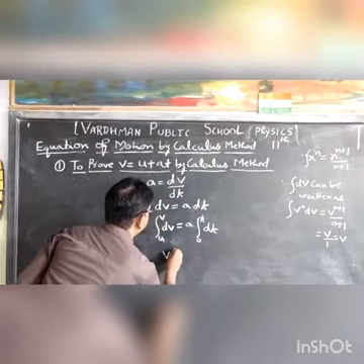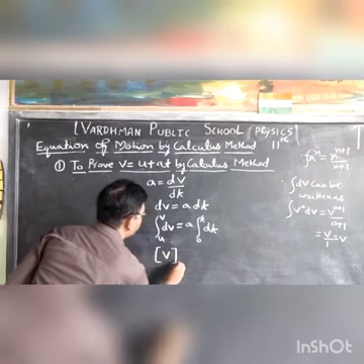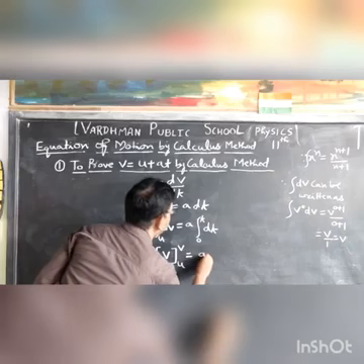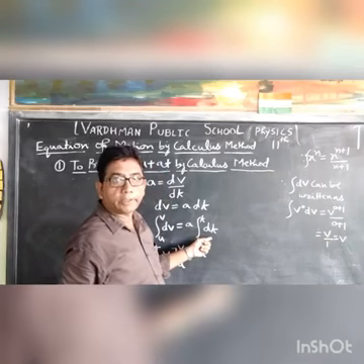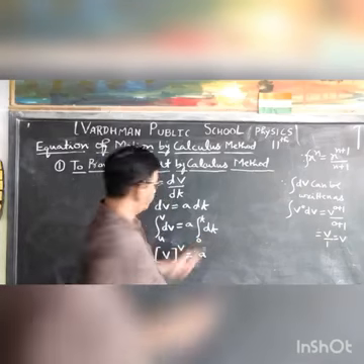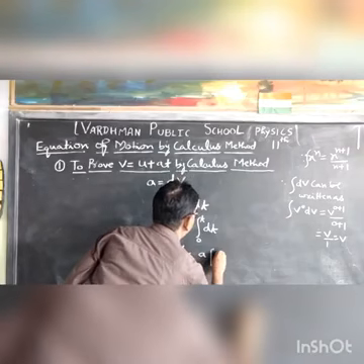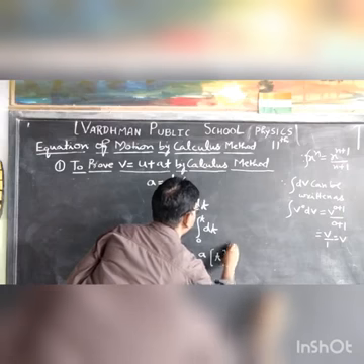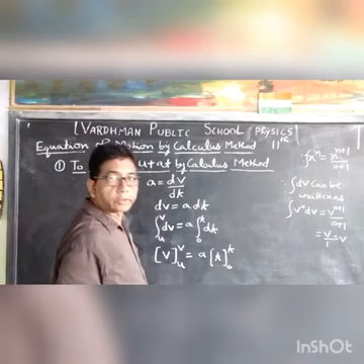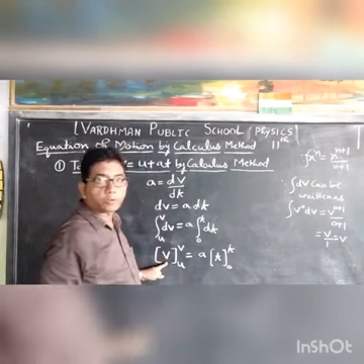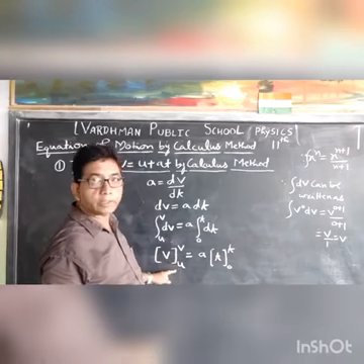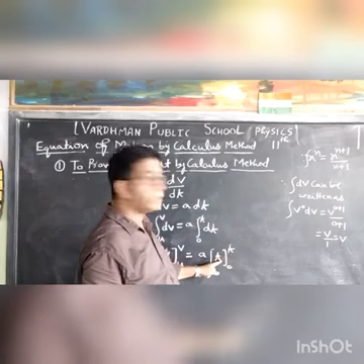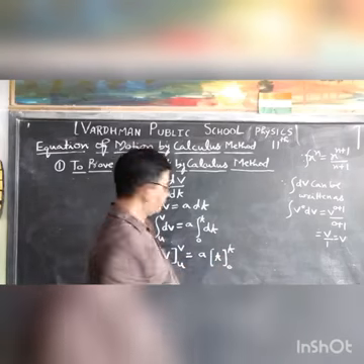Then [v] with lower limit u and upper limit v is equal to a times the integration of dt, which is t, with lower limit 0 and upper limit t. Here we will put upper limit minus lower limit.